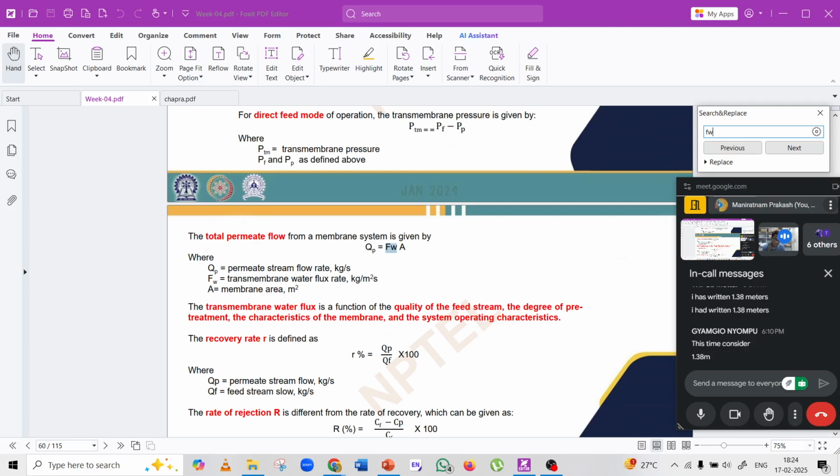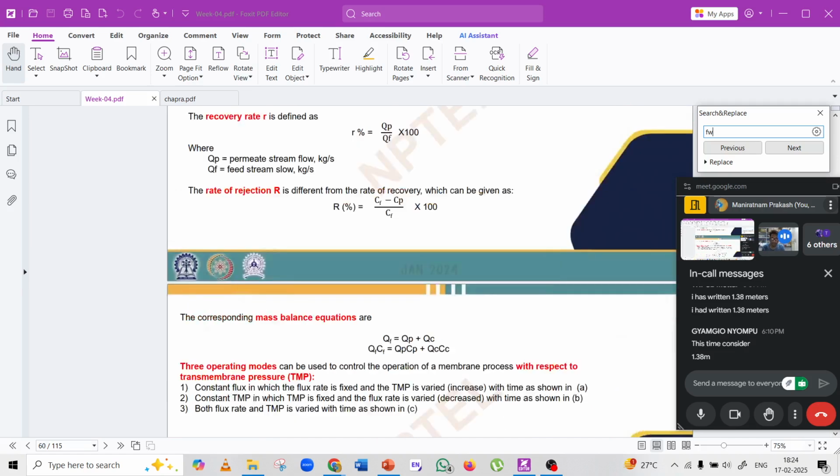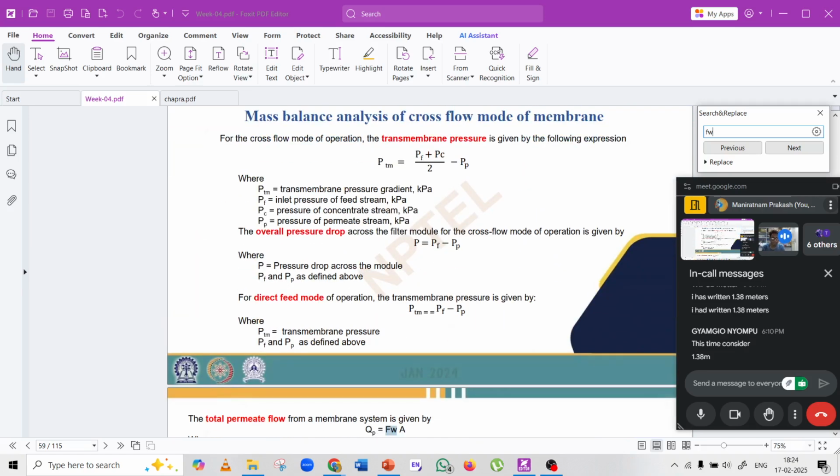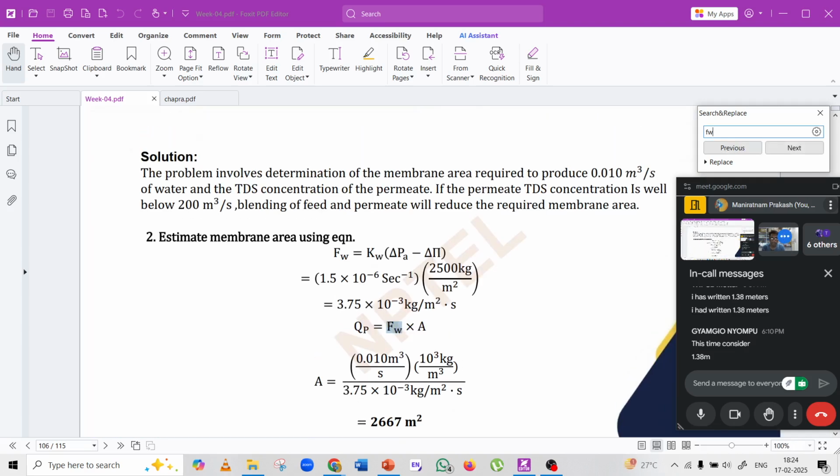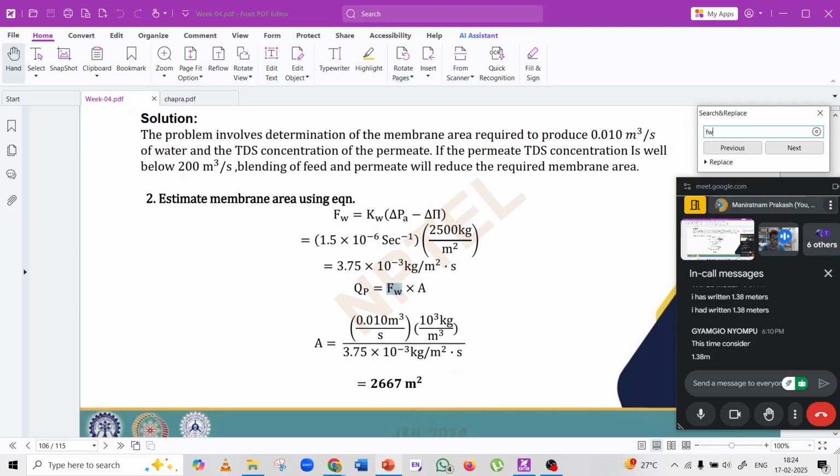So Qp is Fw times A, and Fw is found by this formula: Kw times the applied pressure difference, delta P, minus the change in osmotic pressure. Every detail has been given to you.